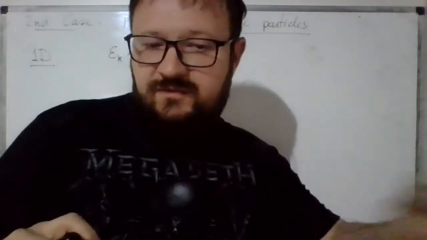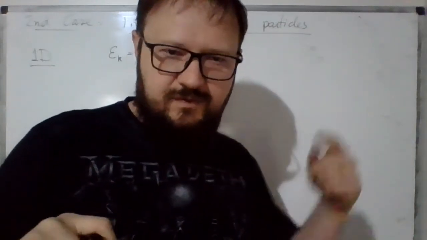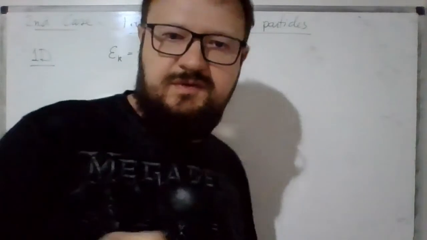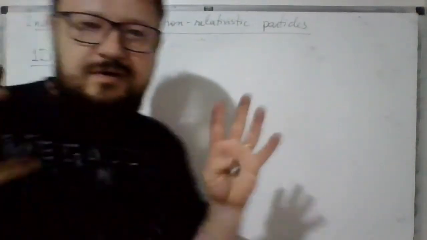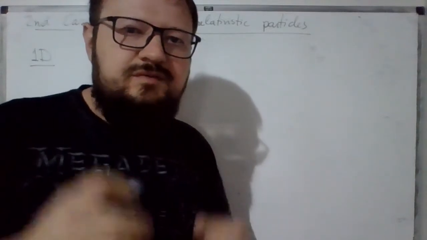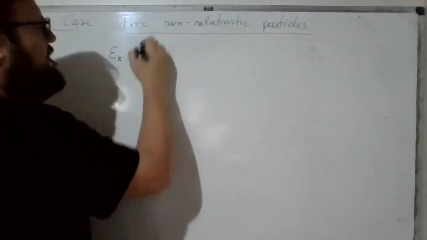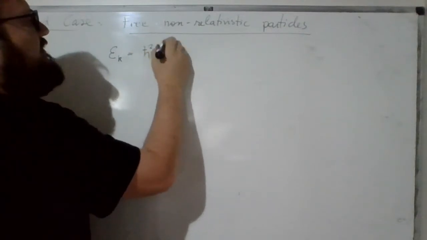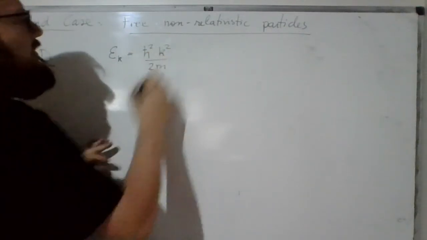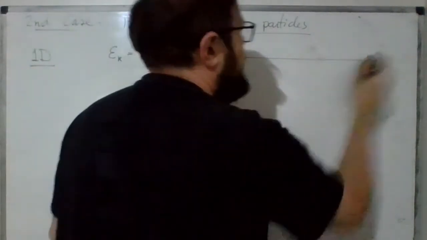I will let you calculate for two dimensions, because I will perform here the calculations for one dimension and three dimensions. The one-dimensional situation is very good to understand what you need to do. So the energy is a non-relativistic energy.